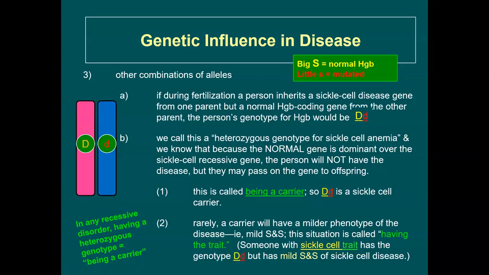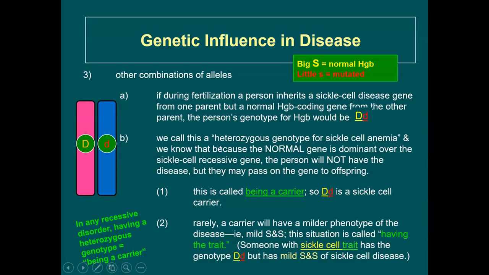Because Mom's dominant gene is going to code for normally shaped hemoglobin, the individual will just be what's known as a carrier, meaning that the offspring with this heterozygous genotype is not going to have the disease, but they're going to carry the disease.